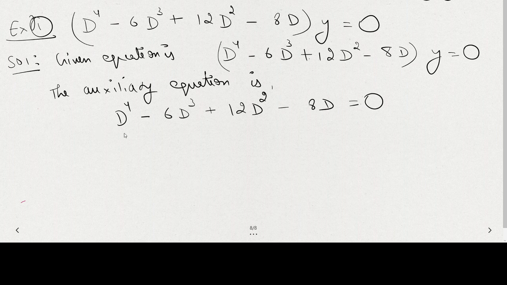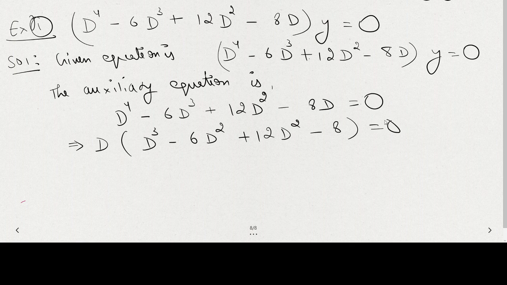We can take D common from all of them, then it will be D(D^3 - 6D^2 + 12D - 8) = 0.